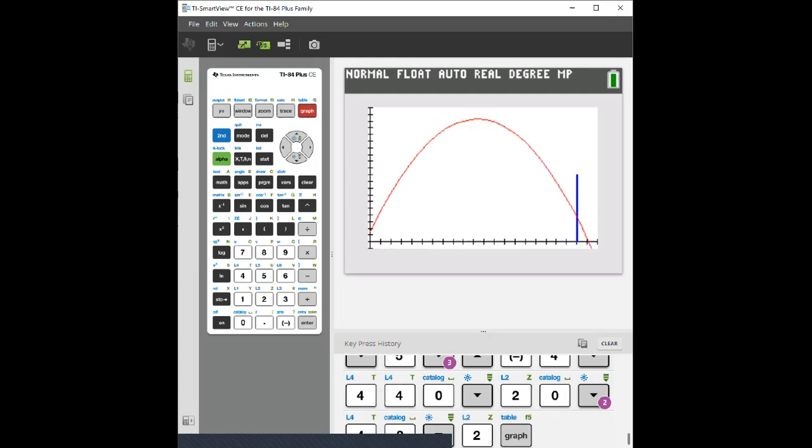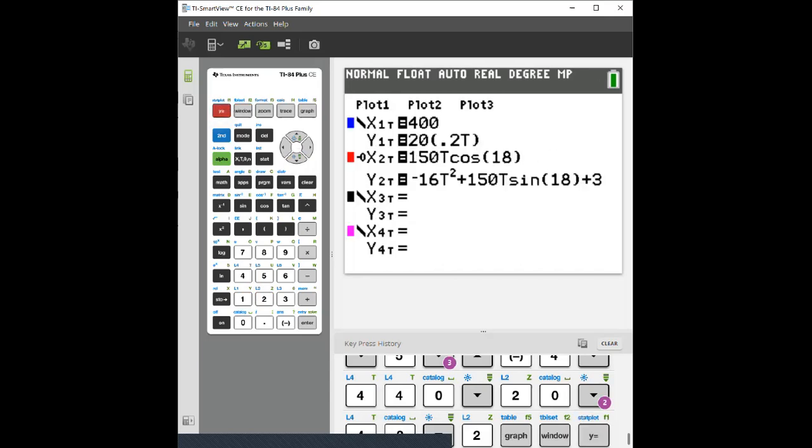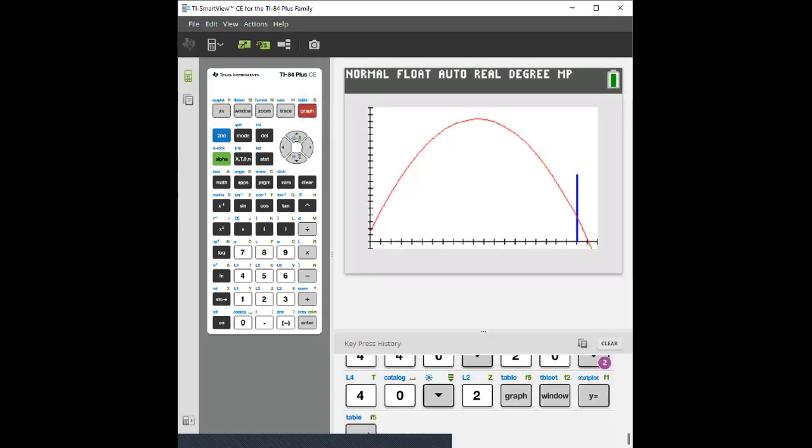And we can see the ball does not clear the wall. It hits part way up the wall. So it's not going to be a home run.